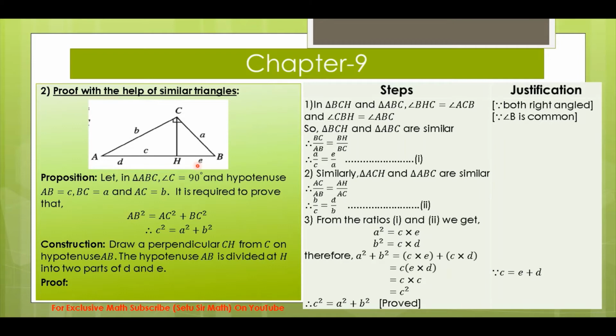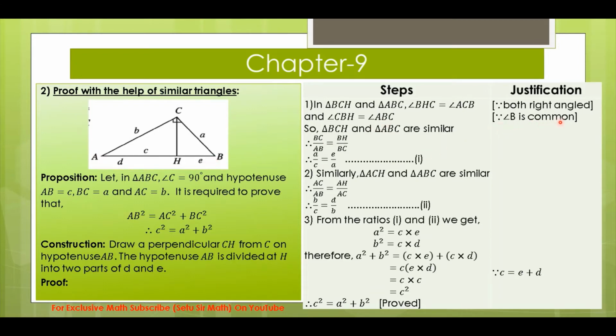Steps. First step is in triangle BCH. In here there are two triangles. In triangle BCH and triangle ABC, this little triangle BCH and the whole triangle ABC, angle BHC equals angle ACB, since both are right angles, and angle CBH equals angle ABC, as you can see from the figure.